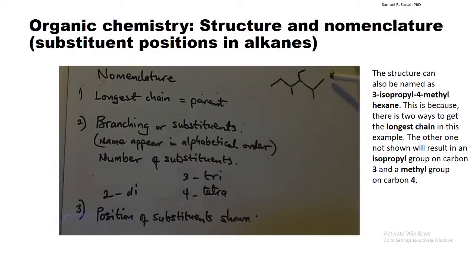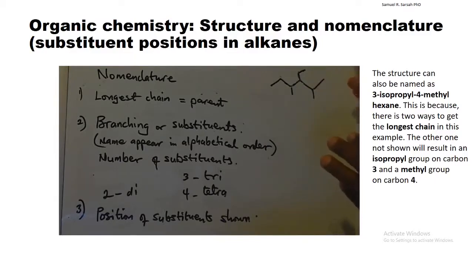If you count from here, 1, 2, the methyl group is on carbon number 2, the ethyl group on carbon number 3, and then the methyl group on carbon number 4 here. If you count from the other side, 1, 2, 3, this methyl group starts on carbon number 3, and this will come on carbon number 4. This will be carbon number 5.